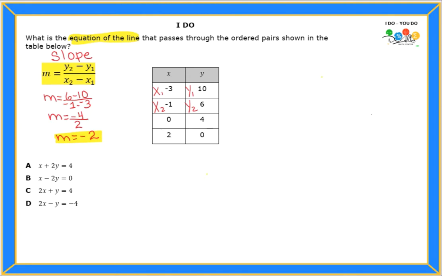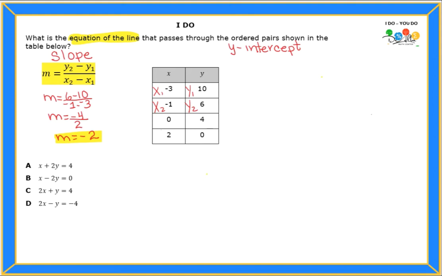So what's the next thing that I want to do? Well, the next thing would be to find the y-intercept. Now, there's something very important that I wish you could remember about a y-intercept. Any point that is on the y-axis, or is labeled y-intercept, will have x equals 0.